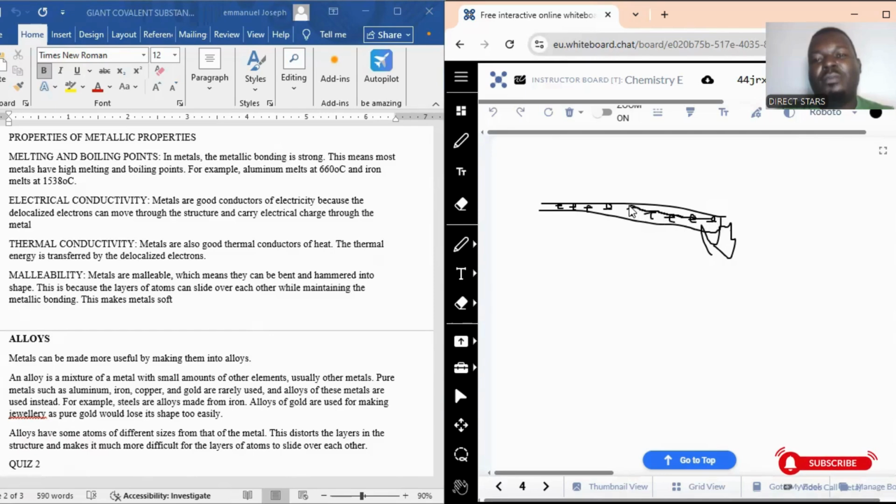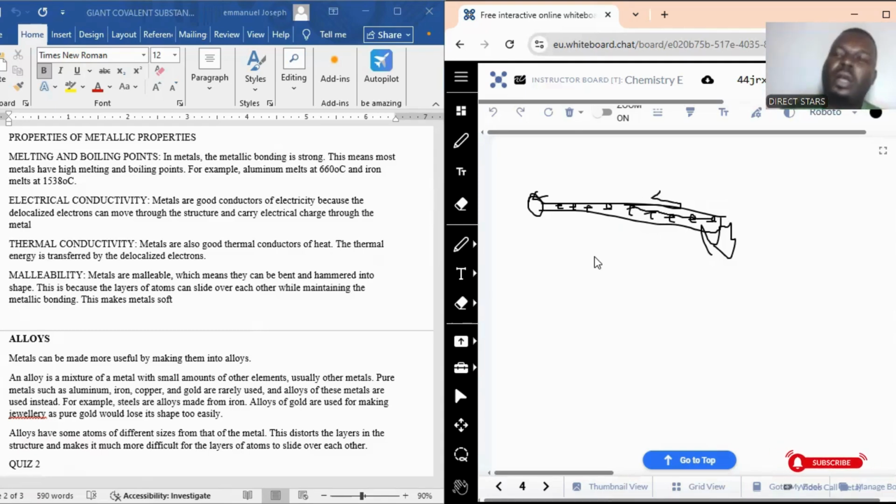They'll be moving towards that direction, towards where you are holding it. And when it gets to this point, you feel the heat. That is how the electrons will be moving until this whole point will get almost as hot as the tip that touches the fire. So that is thermal conductivity.